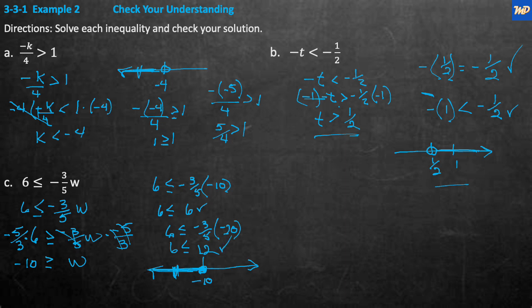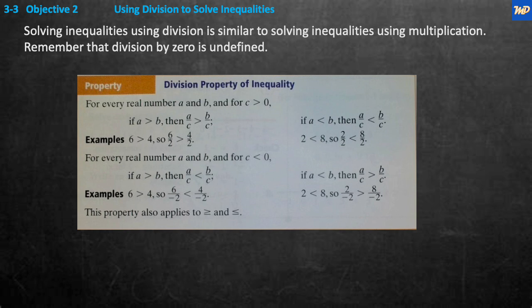Okay, objective 2, using division to solve inequalities. Solving inequalities using division is similar to solving inequalities using multiplication. Remember that division by 0 is undefined. So let's look at our definition of the division property of inequality.